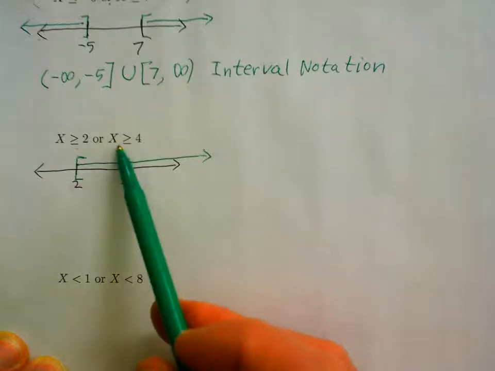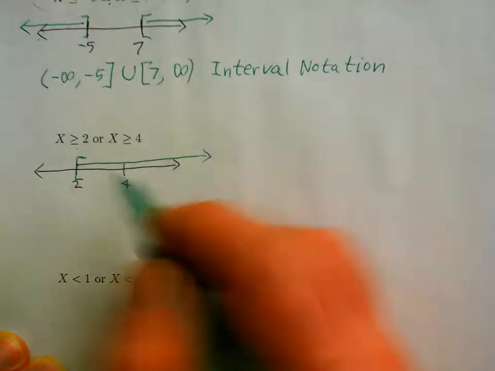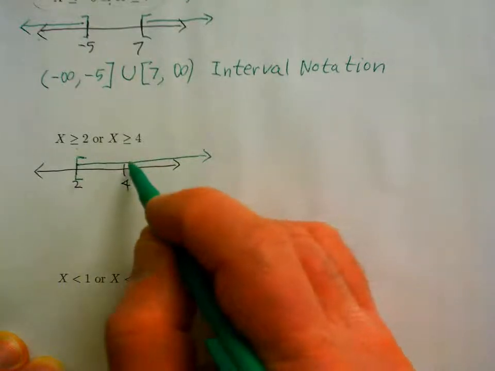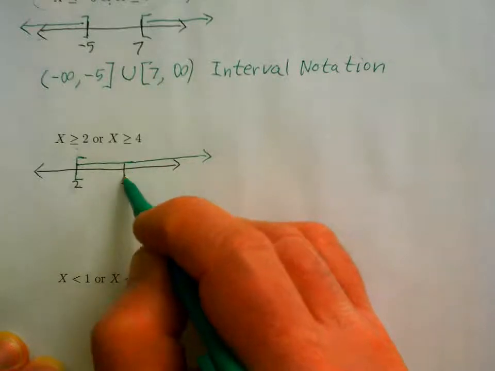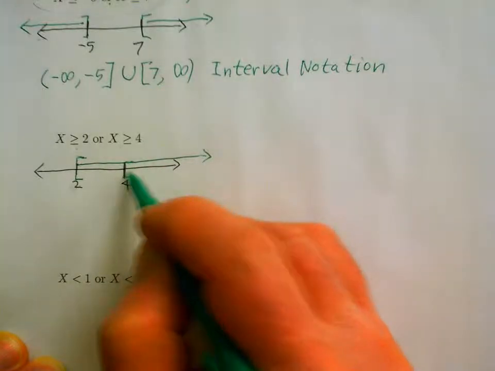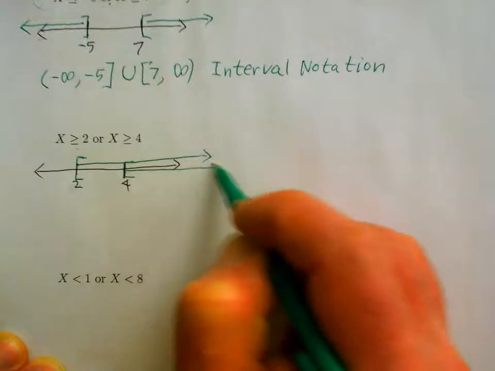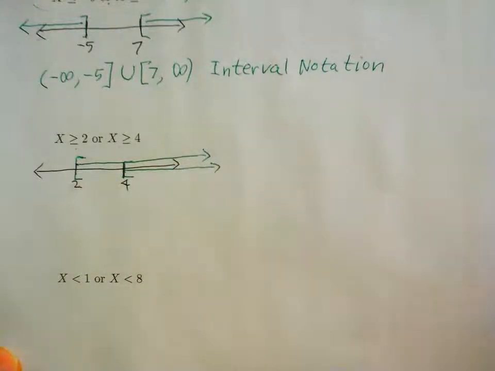The other set, X is greater than or equal to 4. Well, we put a bracket at 4 and shade everything to the right. So what's the union of those two sets of numbers?